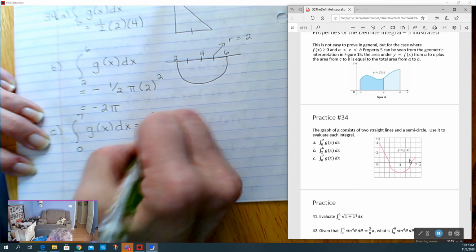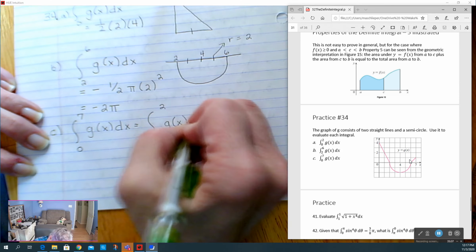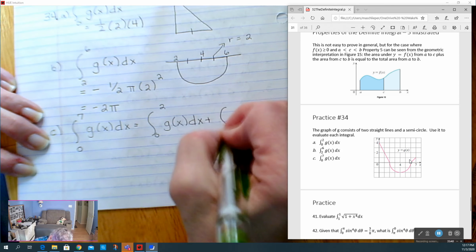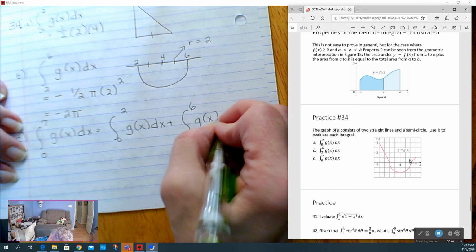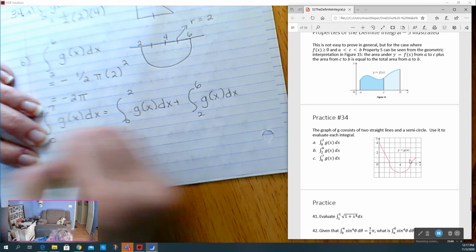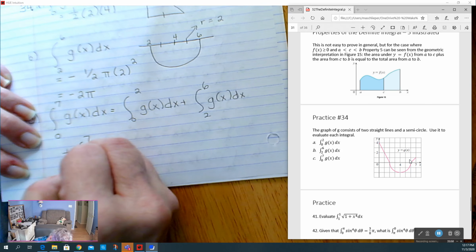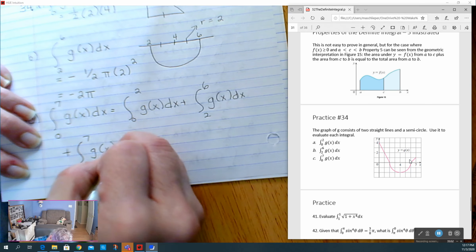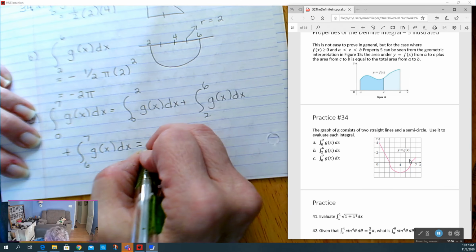So I can divide it up, 0 to 2, plus the integral from 2 to 6, plus the integral from 6 to 7. I already know the integral from 0 to 2.